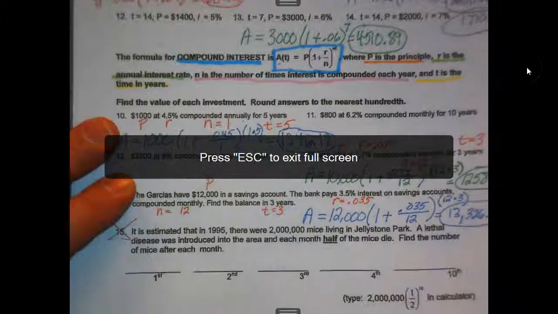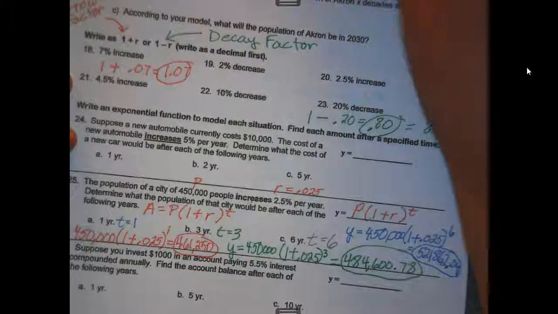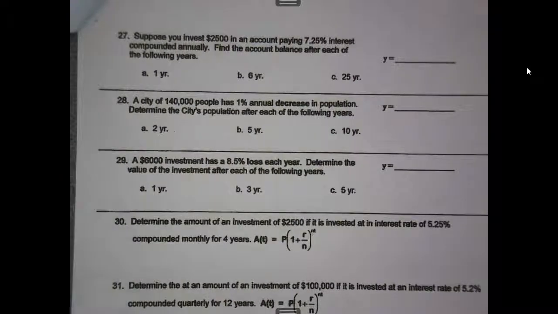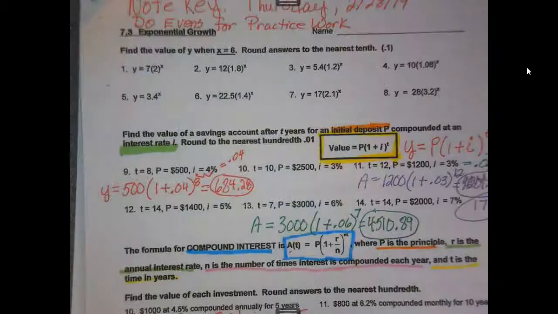All right, so I'm going to do some more example problems. Let's do number 27. Again, my three formulas here. Actually, we only did two.